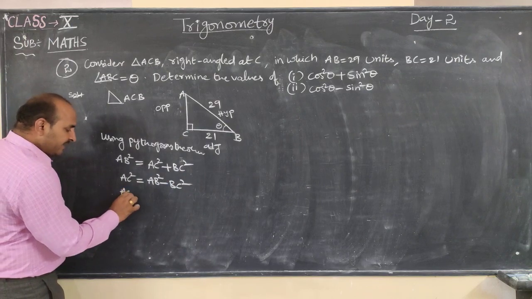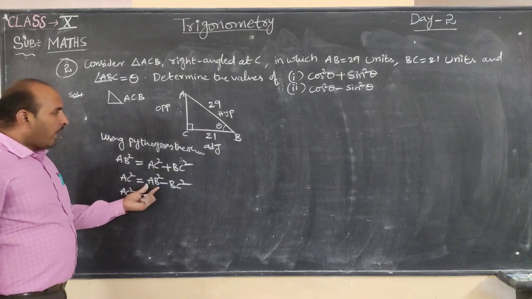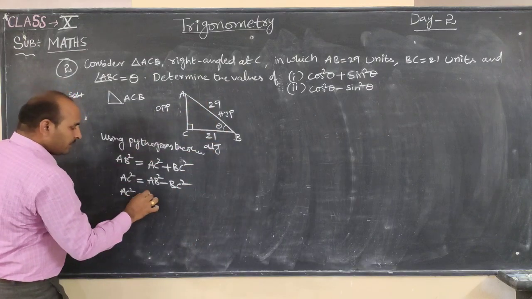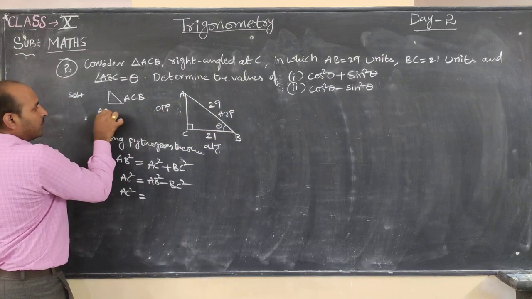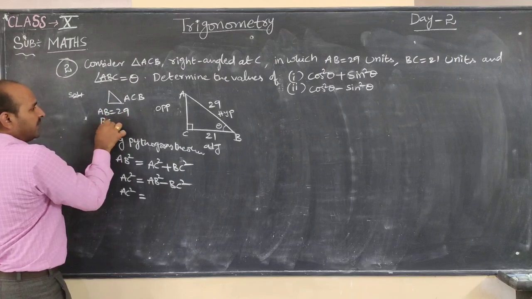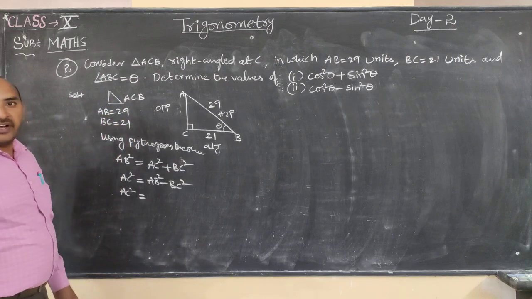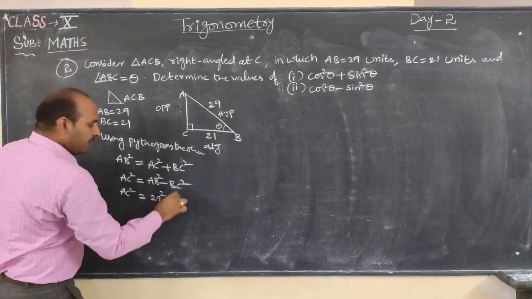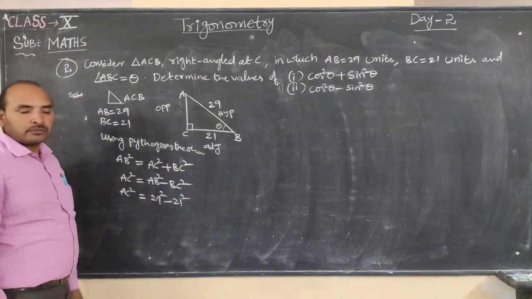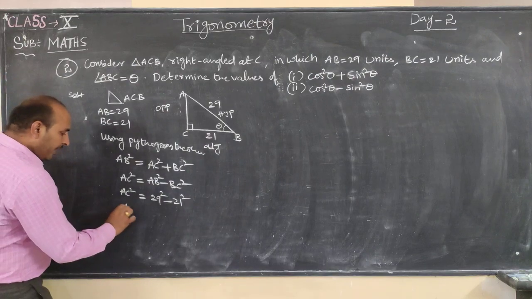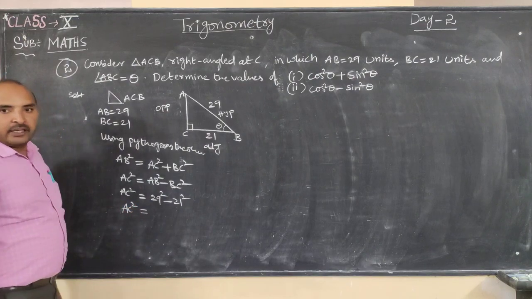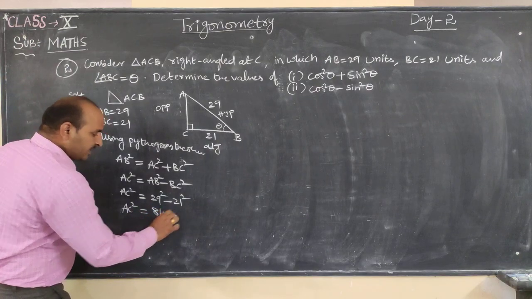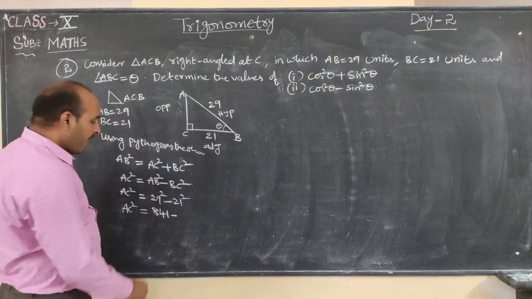So now AC square is equal to, what is AB side? AB side is equal to 29, BC is equal to 21 by the given data. So AB side value 29 square minus BC side 21 square.